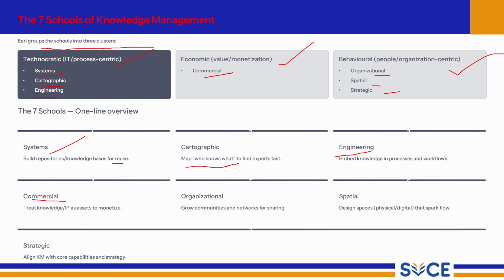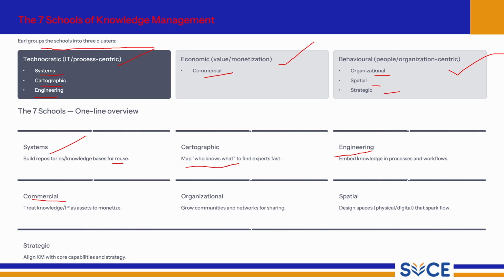It treats knowledge or IP as an asset to monetize. The commercial school sees knowledge as intellectual property that can be monetized, through patents, licensing and proprietary methods. So knowledge as a currency.